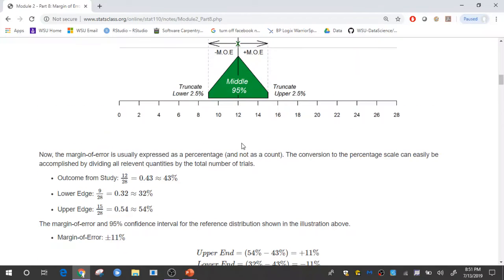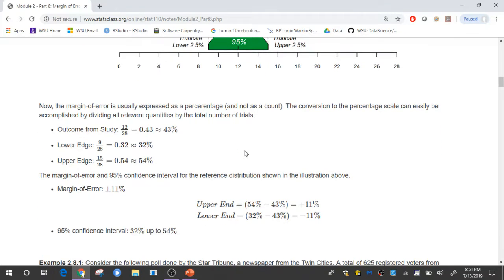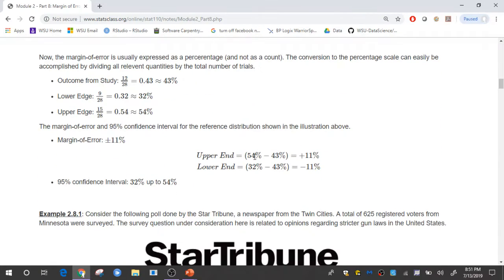And what the margin of error is, again, is just the distance from the edge of the distribution back to the middle. So if the upper edge of the distribution is at 54% and the middle is at 43%, then the positive margin of error is just going to be 54% minus that 43%, which is going to be positive 11%.